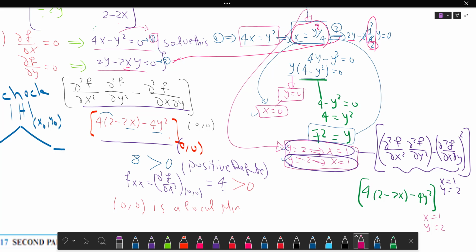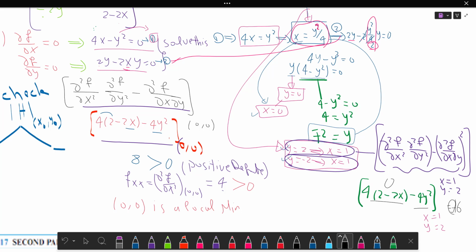So how much is it? If you have 1 here, this is 0, and negative, yes, this is negative 16. I don't care about the 16, I'm caring about this negative.